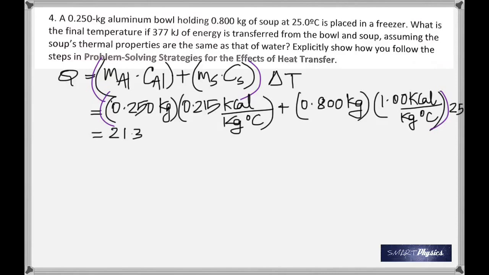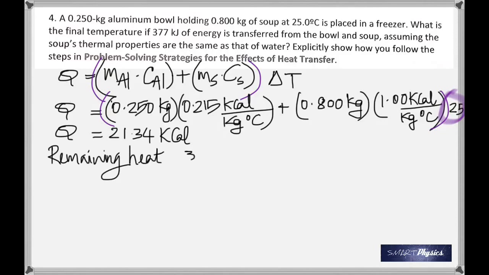Okay, I should write Q. So that's Q, and remember that the change in temperature here is 25 because I'm finding the quantity of heat for it to go from 25 to 0. Okay. So that gives 21.34 kilocalories. Okay, that's Q. But 377 kilojoules has been removed.